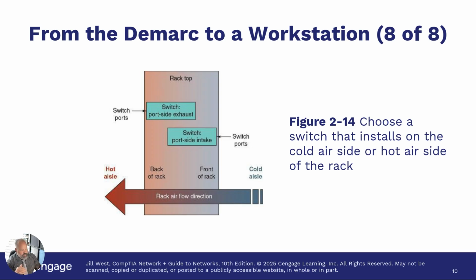So it's meant to bring in air from the back of the switch and flow through the ports. So you need to make sure that you match your switch airflow to your rack design, or you'll be fighting against your own cooling system. It's like trying to blow dry your hair while someone else is using a fan to blow it in the other direction, which obviously I don't have an issue with.